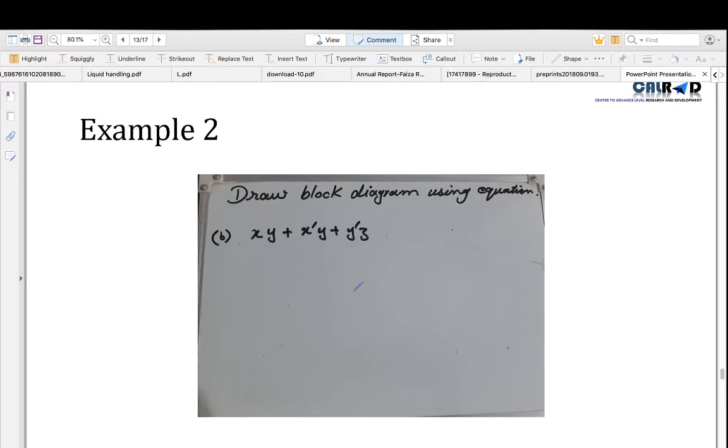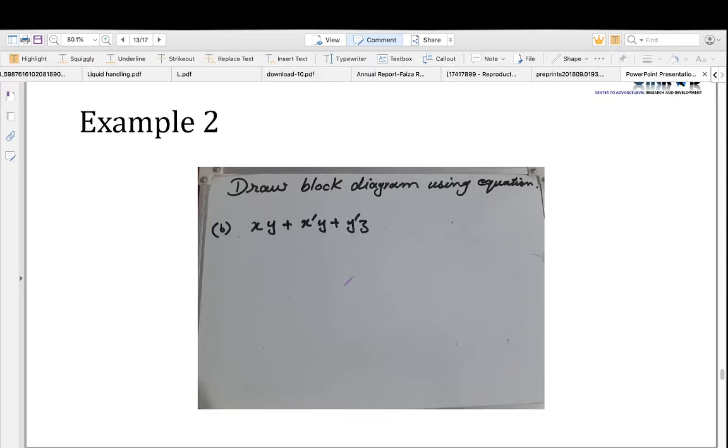From this equation we know which gates we are using. Here you can see, as in the previous equation, there are products, so there will be AND gates, but here are also plus signs, so there will be an OR gate also. So this equation shows that our block diagram will have OR gates and AND gates.